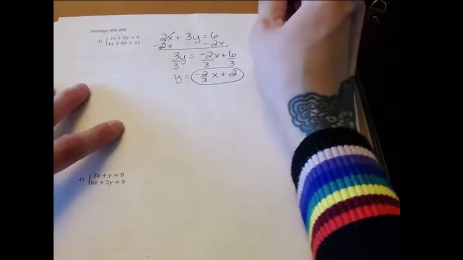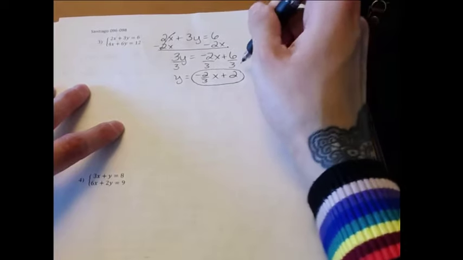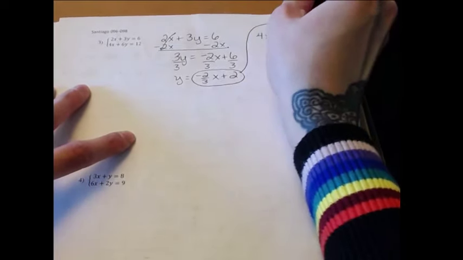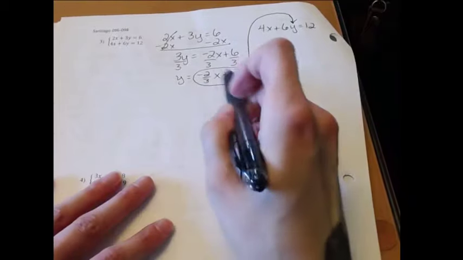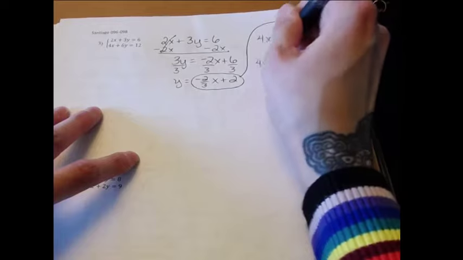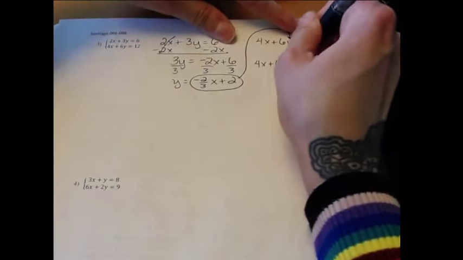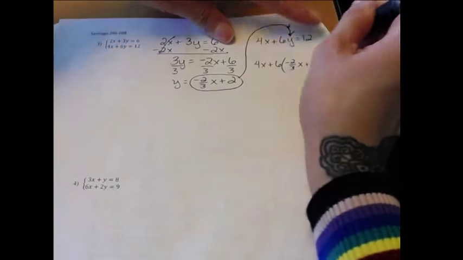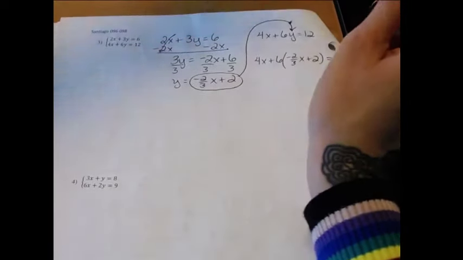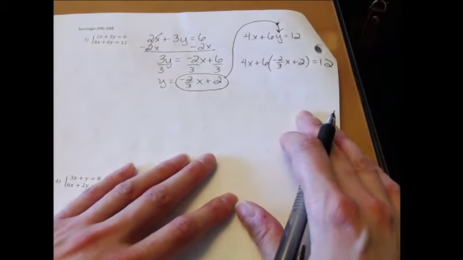So I'm going to rewrite 4x plus 6y is equal to 12, and replace y with this expression. That gives us 4x plus 6 times negative 2/3 x plus 2 is equal to 12. Let's distribute and solve.